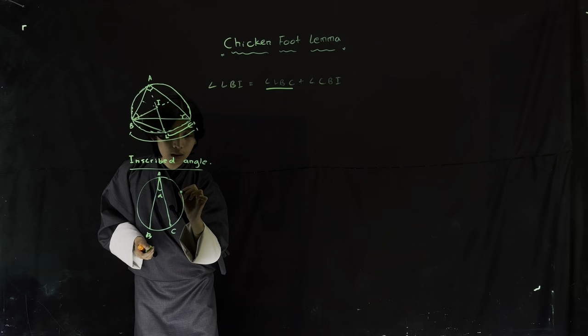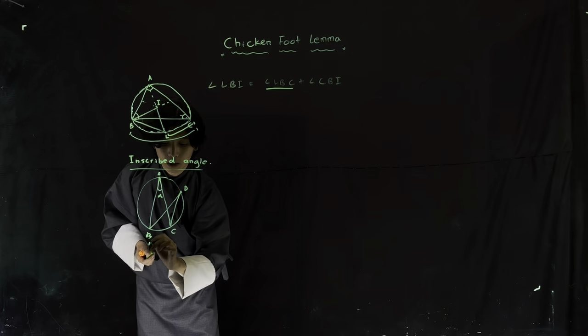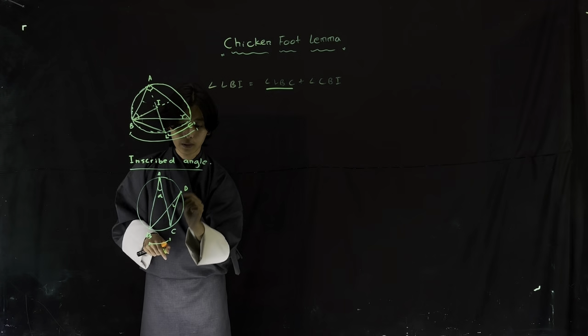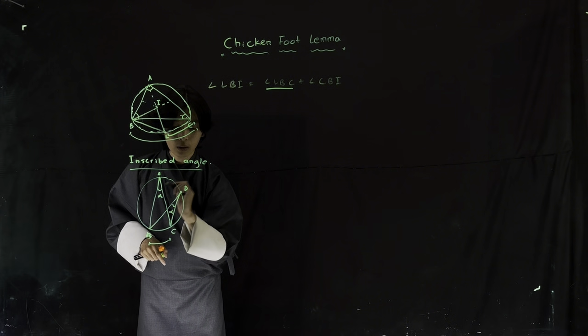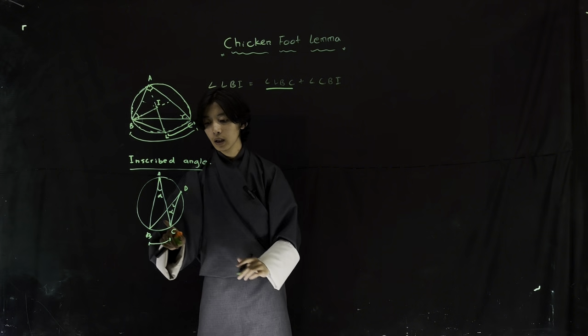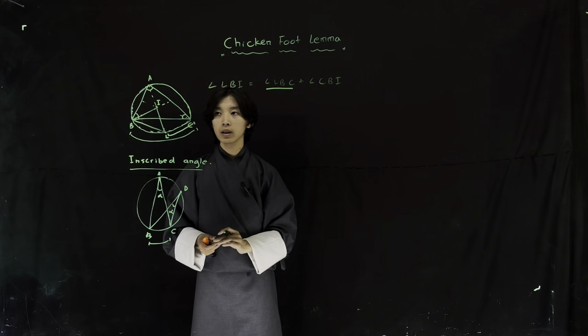Now we create another endpoint D along the same arc BC. Then the angle at point D will also be the same. As long as they share the same arc, they will have the same angle. That's what the inscribed angle theorem says.